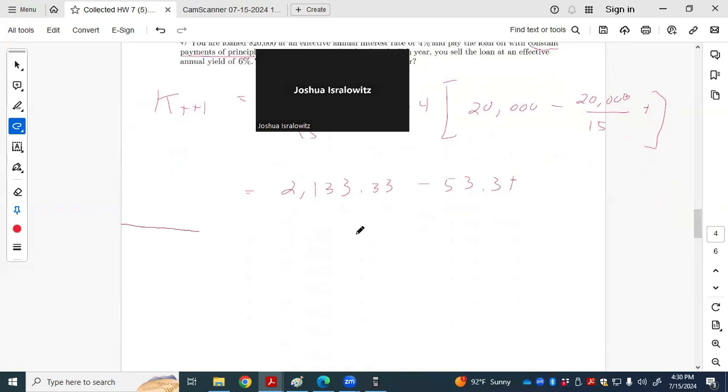But I meant after the 7th payment. So we're looking at K8, K9, all the way to K15. And that is 8 years because it's inclusive. So 8, 9, 10, 11, 12, 13, 14, 15. That is 8 years.